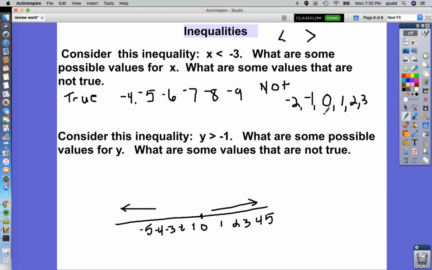These are numbers that will make this statement not true. So if you have not written this down yet, write your inequality and then write true and values that make it true, and not true or false and values that make it false.